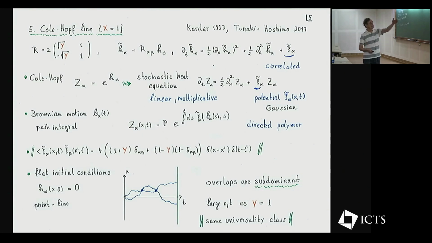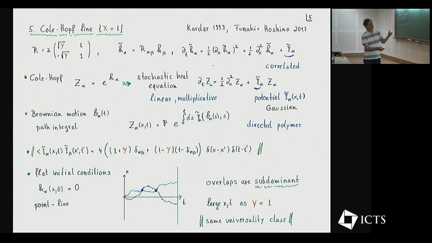Okay, now the question is why an irrelevant component? Well, you think of these two directed polymers, and you have this delta x and you have the delta t. This correlation acts only when these two polymers overlap.